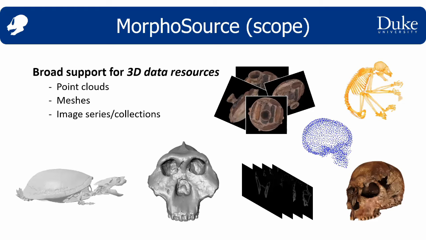And we provide broad support for a growing number of 3D data resources, including point clouds, meshes, and image series and collections. Not only support for archiving and understanding them, but also for generating lightweight derivatives that can be viewed over the internet in 3D.